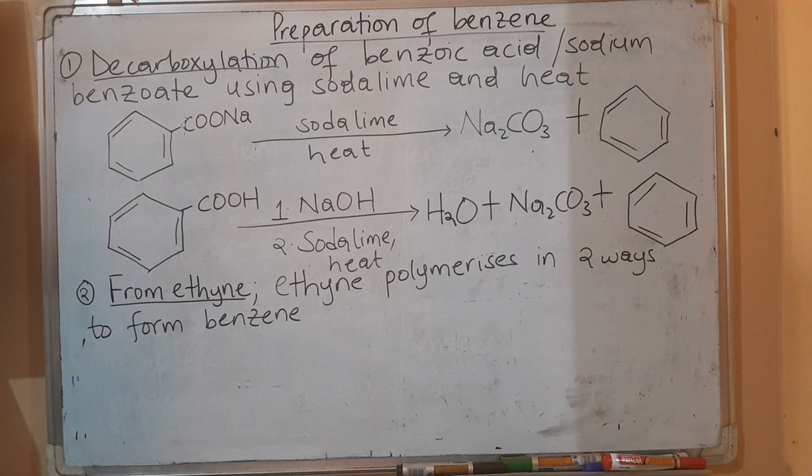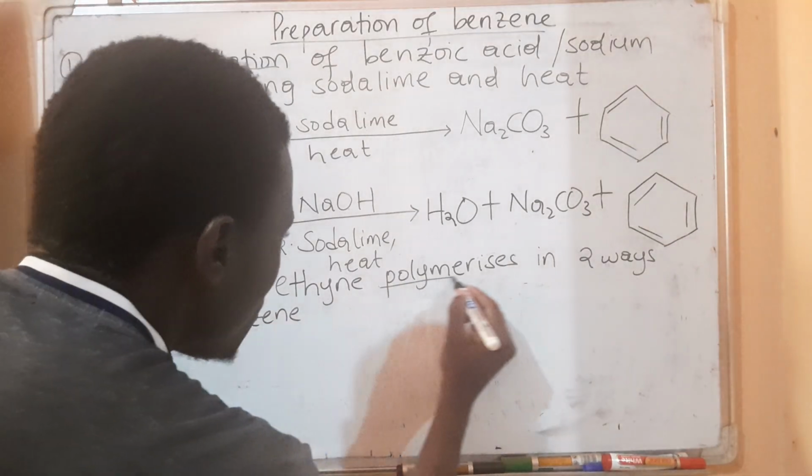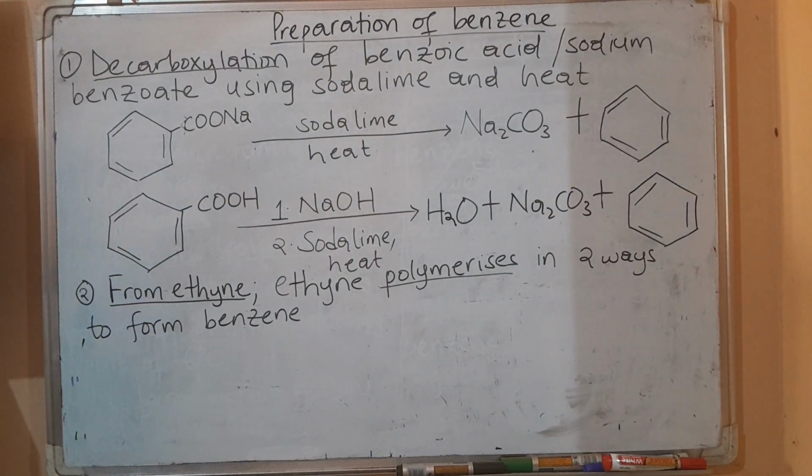The keyword is polymerization of ethane. To polymerize ethane, this is a type of addition polymerization. We are going to combine 3 molecules of ethane to yield benzene.